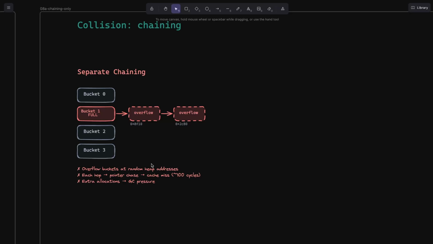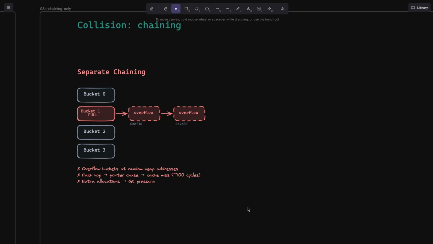And this is exactly where it hurts, because those overflow buckets live at random addresses in memory. Your CPU is fast, but main memory is slow, roughly 100 times slower than its on-chip cache. To hide this gap, the CPU tries to prefetch data, guessing what you'll need next, but it can only predict sequential access.